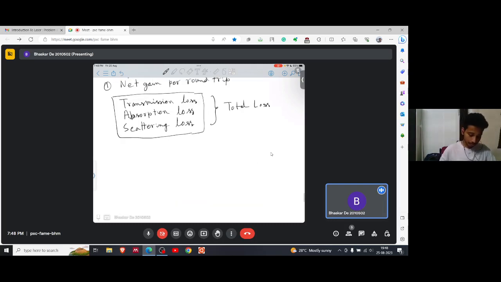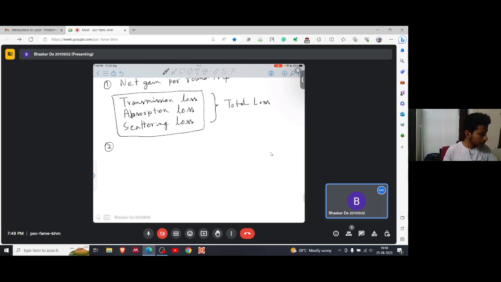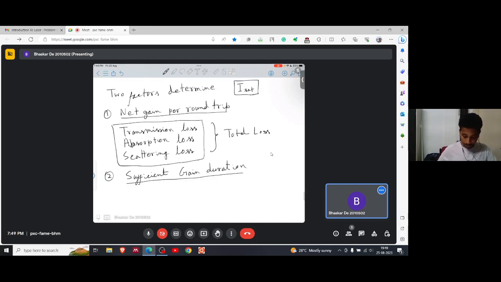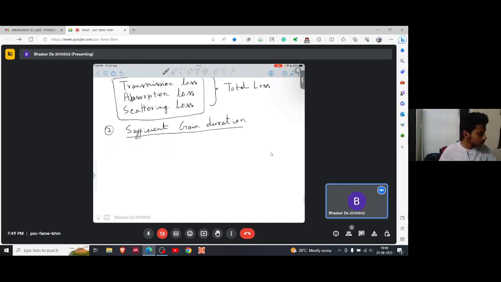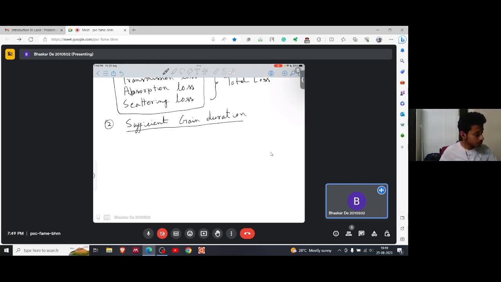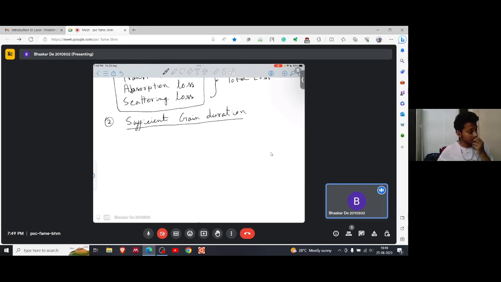This is one point, and then the second point is sufficient gain duration. So the gain duration is the amount of time that the gain exists in the amplifier.